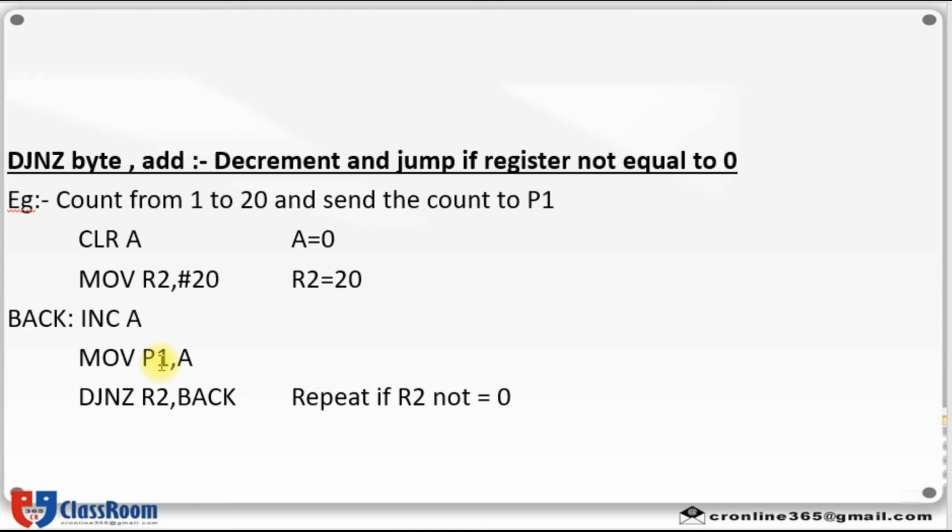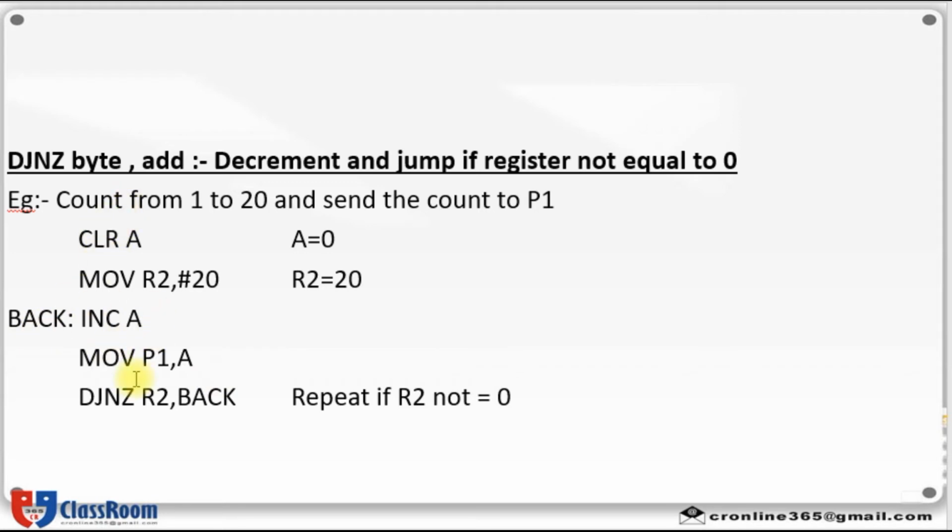Since port 1 or any of the ports P0, P1, P2, P3 are associated only with the accumulator, you have to use these types of instructions only. MOV P1, A. You cannot use any of the registers for transferring this data to port 1 or port 0.